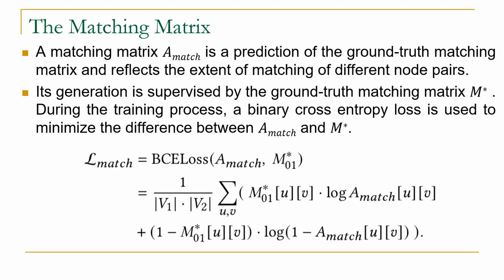The matching matrix A match is a prediction of the ground truth matching matrix, and reflects the extent of matching of different node pairs. Its generation is supervised by the ground truth matching matrix. During the training process, a binary cross-entropy loss is used to minimize the difference between the predicted matching matrix A match and the ground truth one.